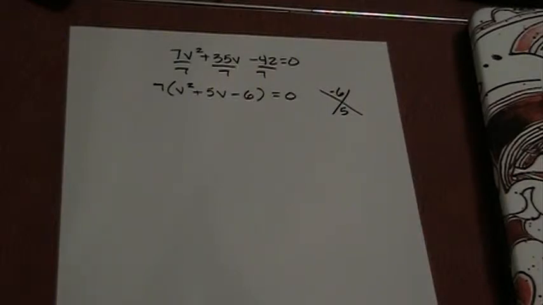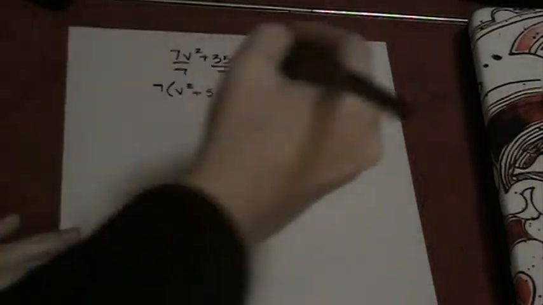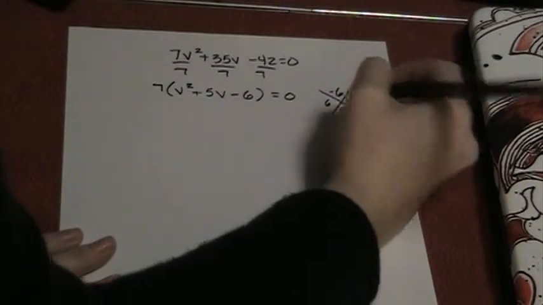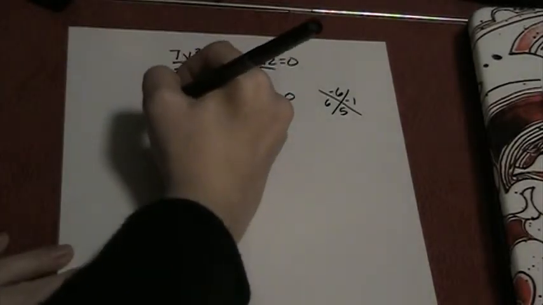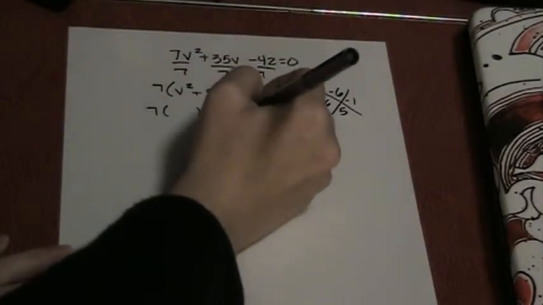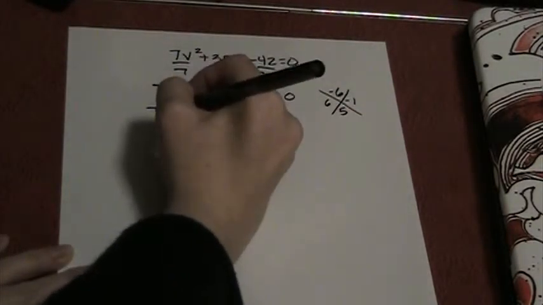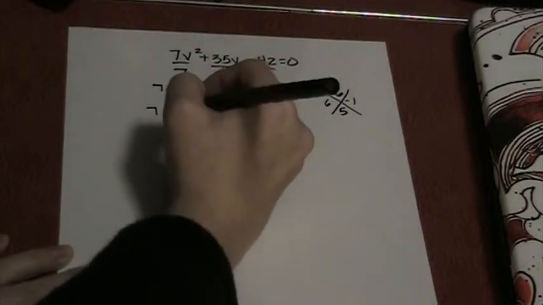And depending on the signs, if one's positive, one's negative, I can add those together to get 5. But I need to pick the exact ones that give me a positive 5, but when I multiply, a -6. And so that would be 6 and -1. Okay, so when I write my factored form, I have my two sets of parentheses, my variables, and then plus 6 and minus 1.